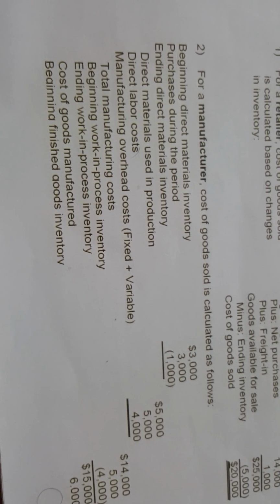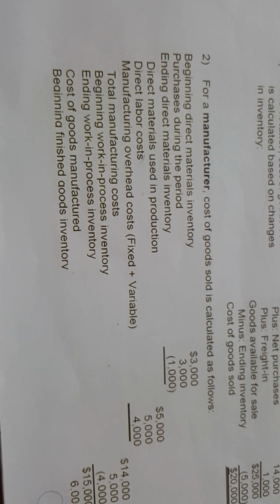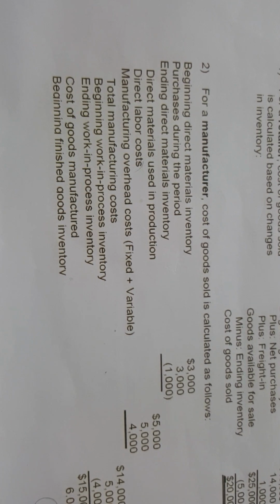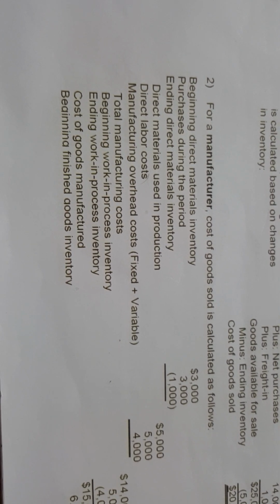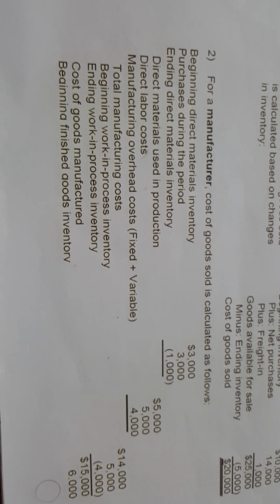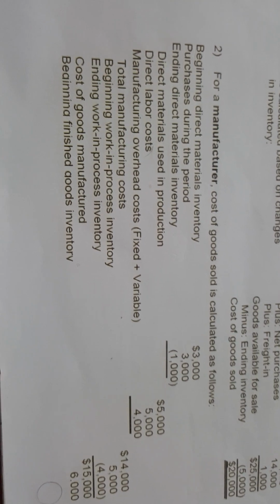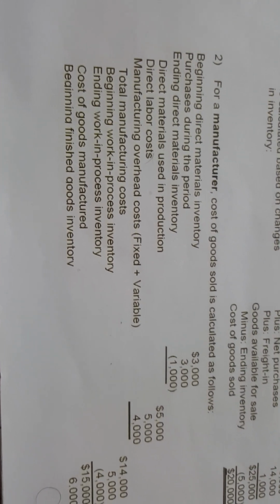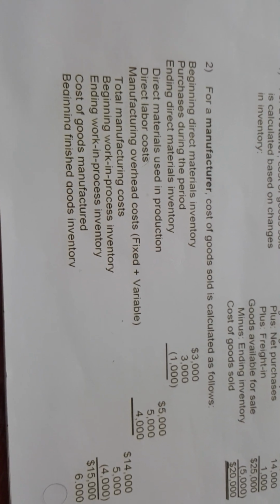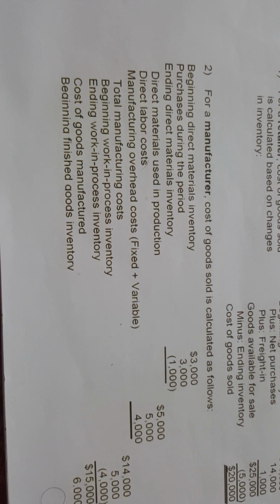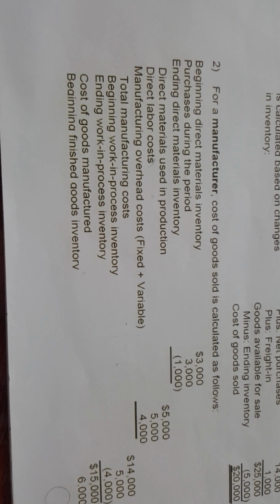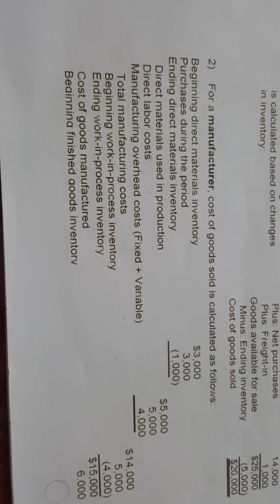Then whatever purchases you have made in that particular period, purchases during the period will be added, and you deduct the ending direct material inventory, whatever ending direct material inventory you have at that time. So you add beginning direct material, then the material you have purchased during the period, and deduct the ending direct material.